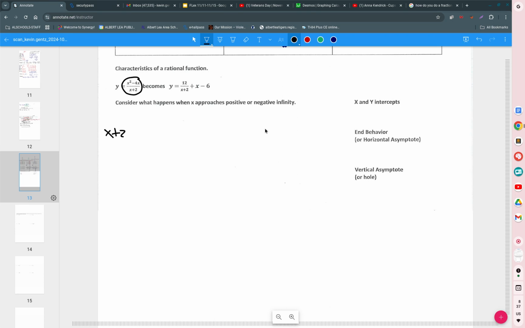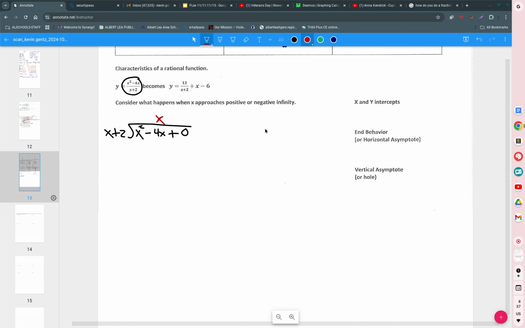x plus 2 goes into x squared minus 4x plus 0. What do you multiply x by to get x squared? x. So you place the x above the negative 4x because it is an x to the first power.